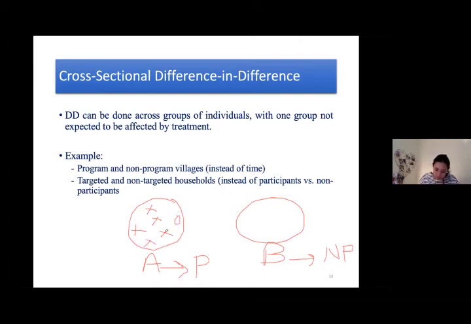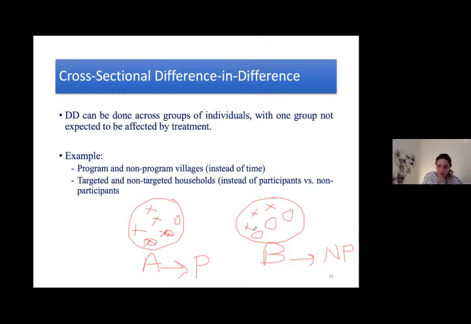I'll make them circles. And in B, the village where I am not planning to implement the program, still I have some individuals who have the characteristics that allow them to benefit from the program, and the others who have no characteristics allowing them to benefit from the program.